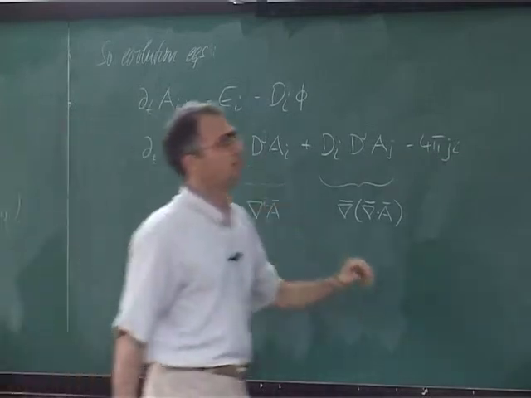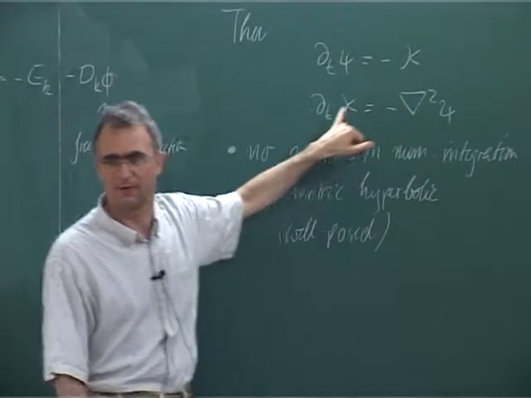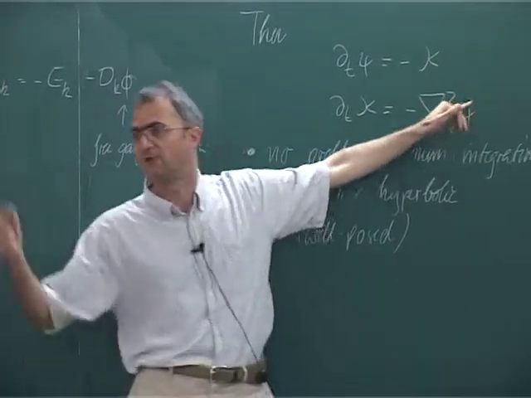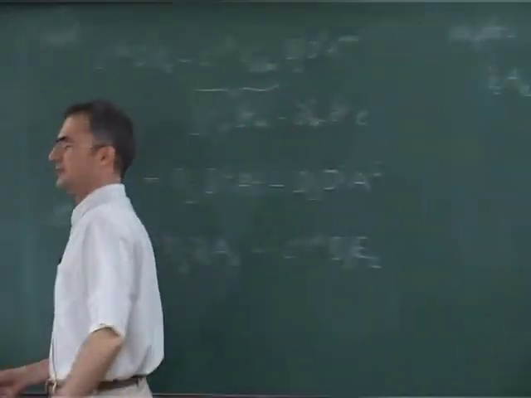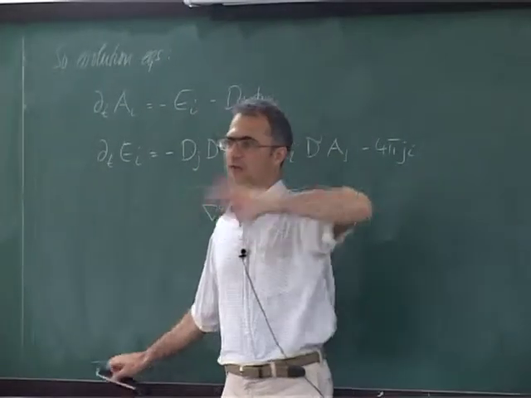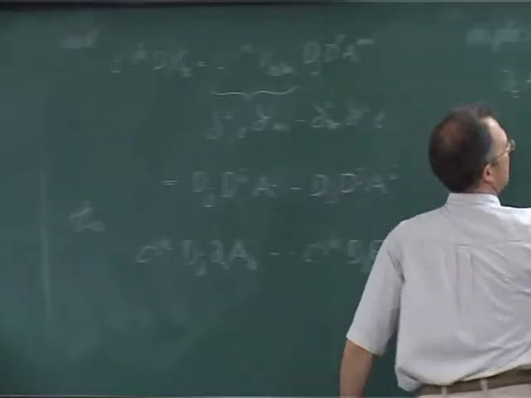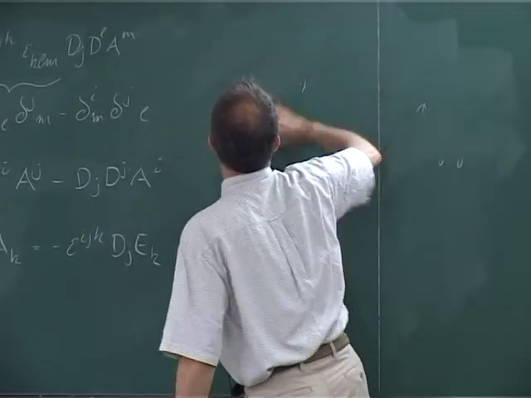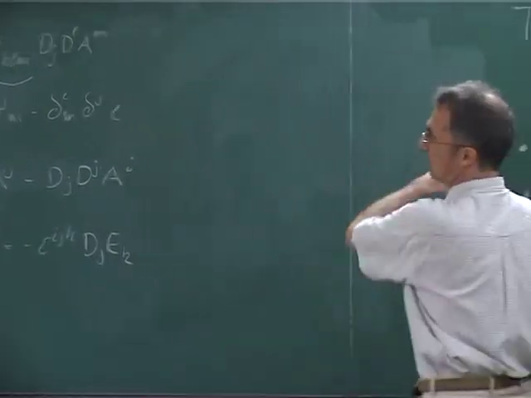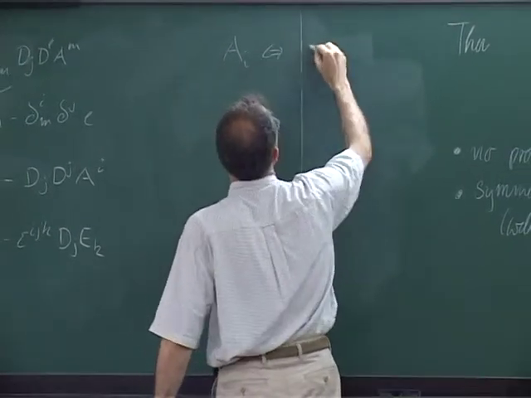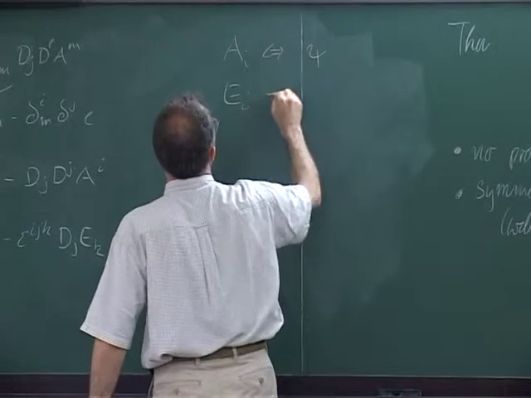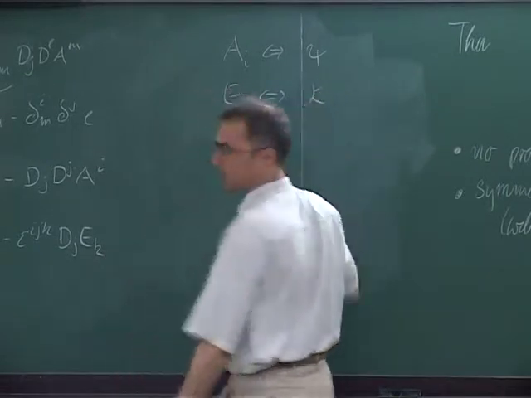The time derivative of the first variable is the second variable; the time derivative of the second variable is the Laplace operator of the first variable. We could write a little dictionary: translating between Maxwell's equations and this, we identify A_i with psi, and E_i with kappa.